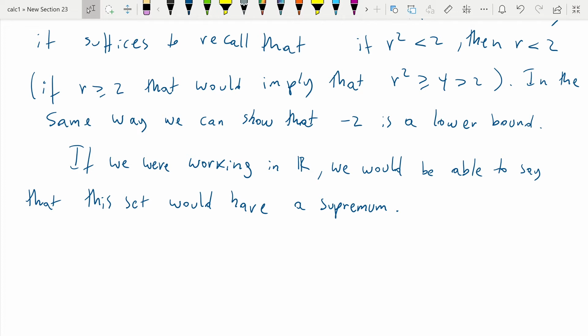But since we're working in Q, that is actually not the case. This is not the case for S, which is defined in Q.